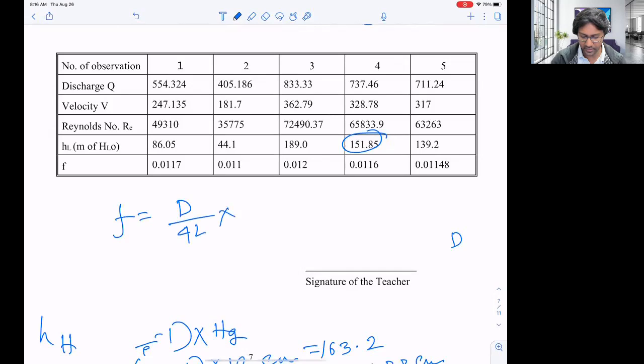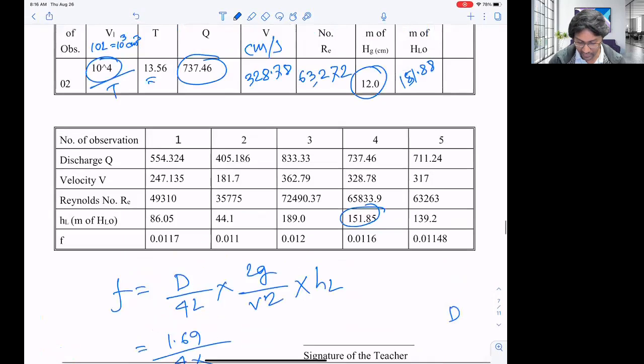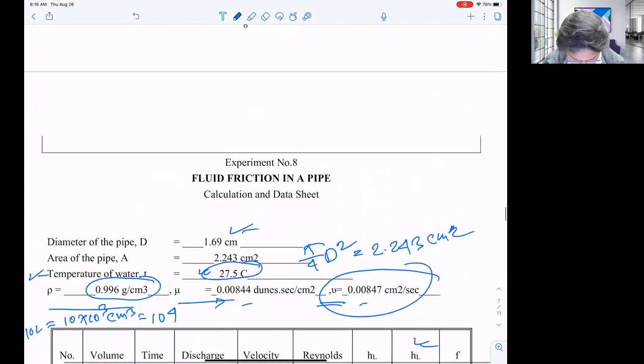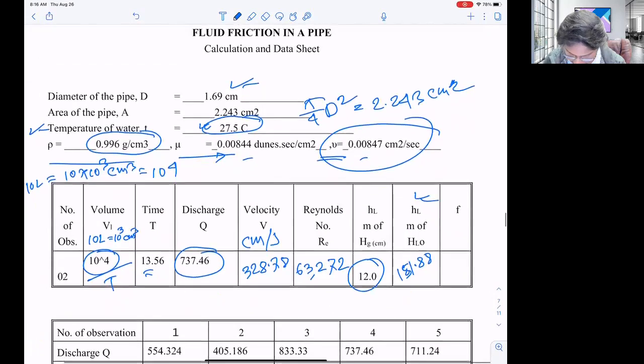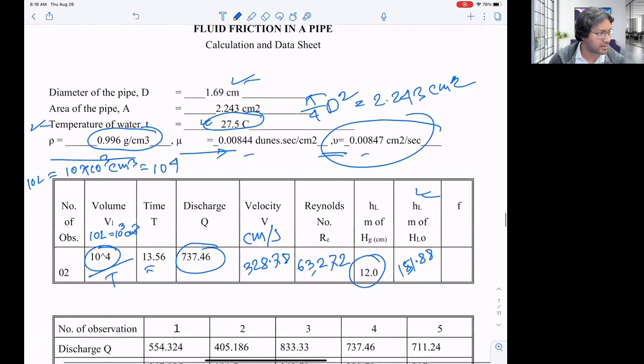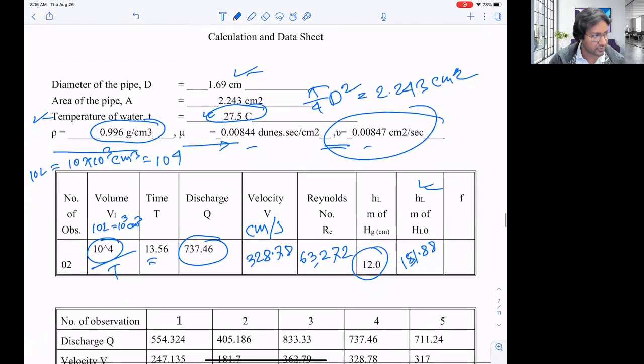D we know is 1.69, and we have 4, and let me check the length of the pipe. What is the length of the pipe we used for this experiment? Do we have that in the data sheet? It is not there. The length is pretty big for that experiment. It is 4 meter.